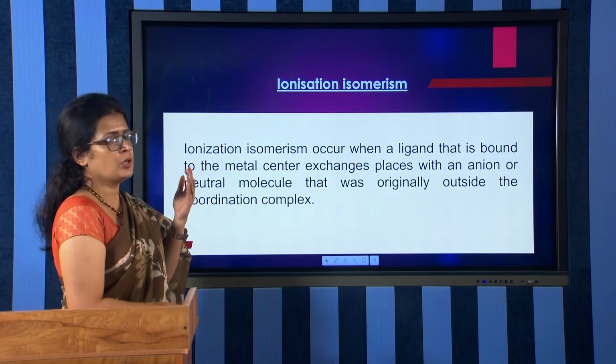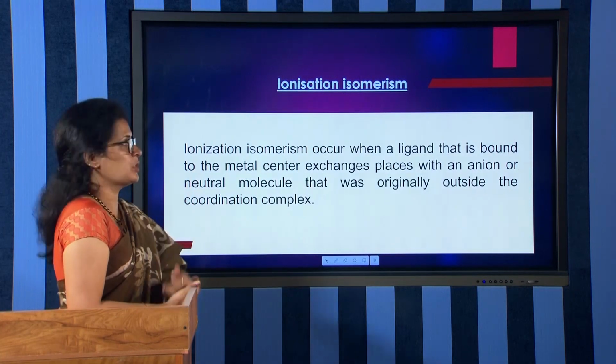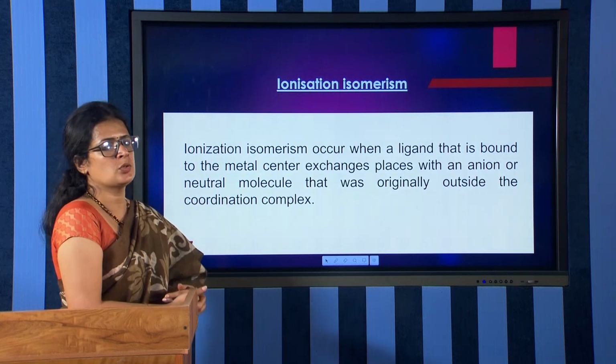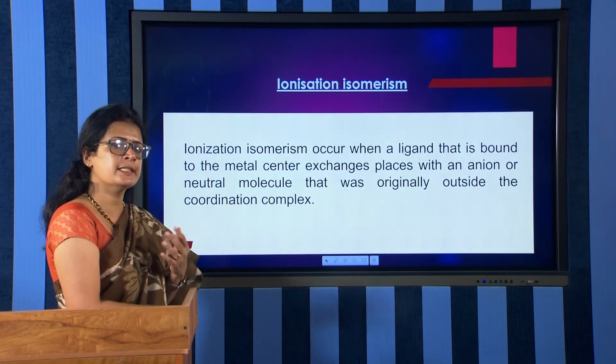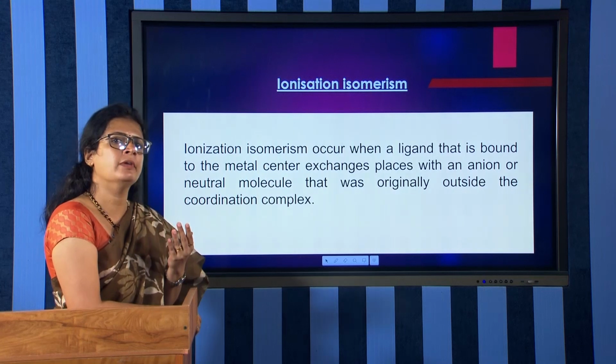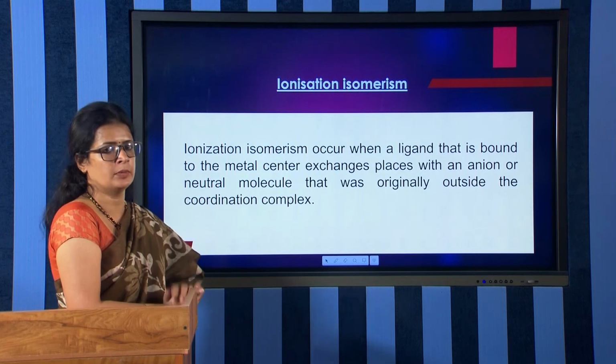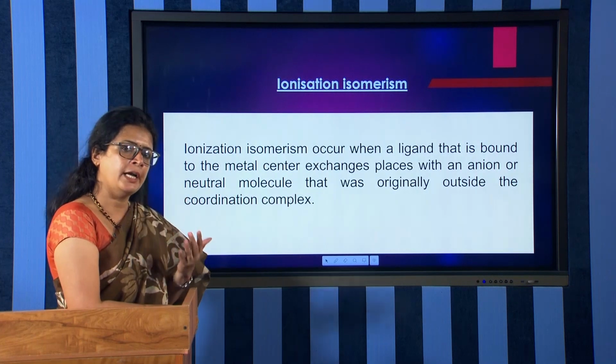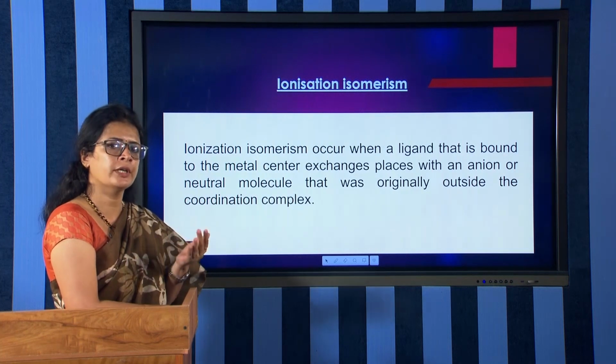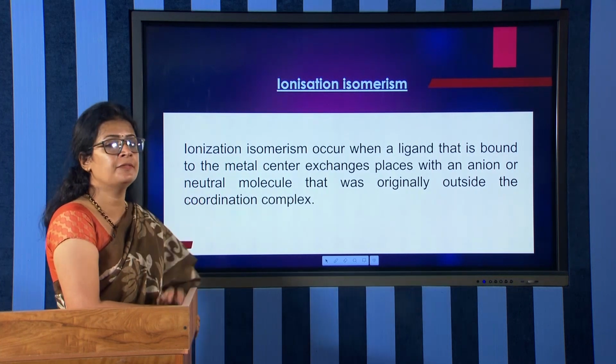In structural isomerism, first was ionization isomerism. And what is ionization isomerism? From the name itself, ionization means different ions will be provided by these isomers. While we are ionizing these coordination compounds, different ions will be furnished.